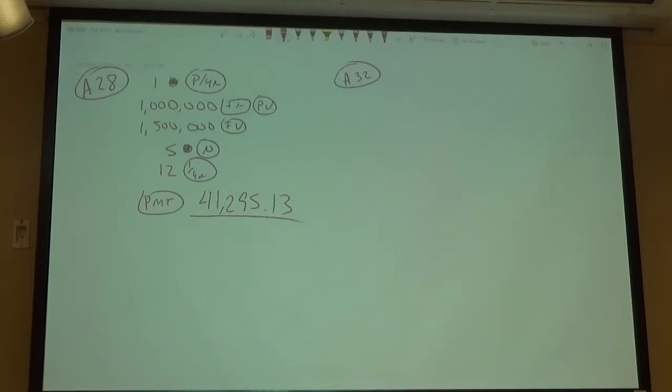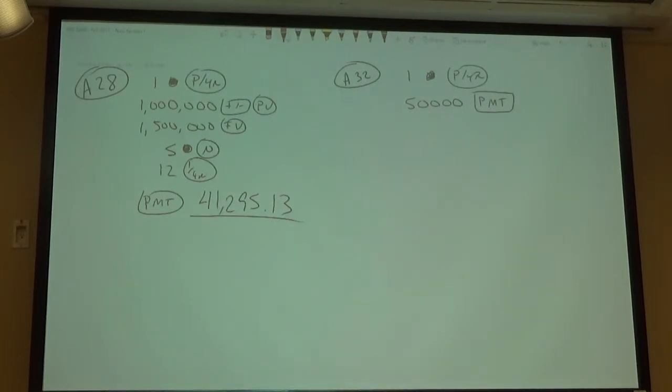And this is annual, so let's start with what we know. All right, 50,000, what is that going to be? Payment. And it's going to be a positive payment because we're receiving it.